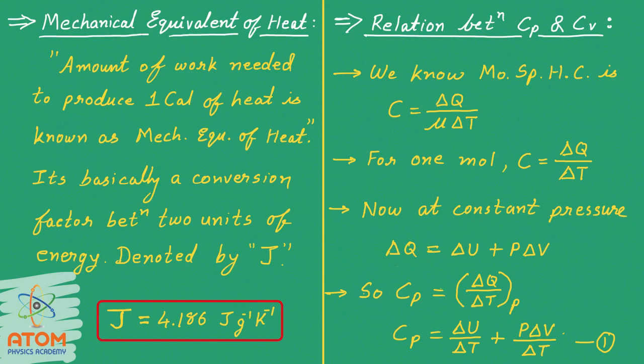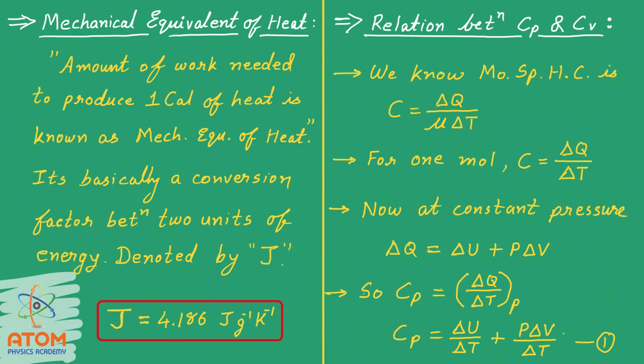This mechanical equivalent of heat is denoted by capital J, and this capital J is 4.186 joule per calorie. Don't forget, this J is the unit joule and this J is known as the mechanical equivalent of heat.